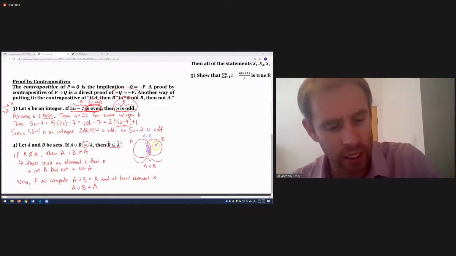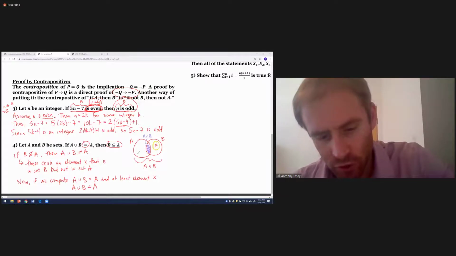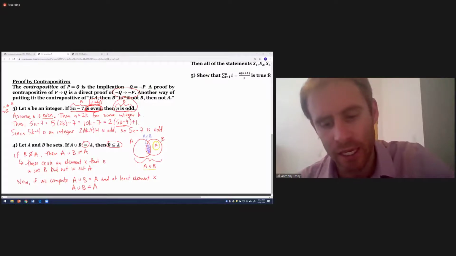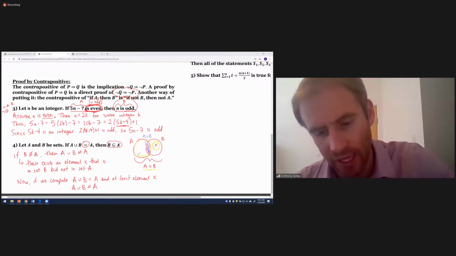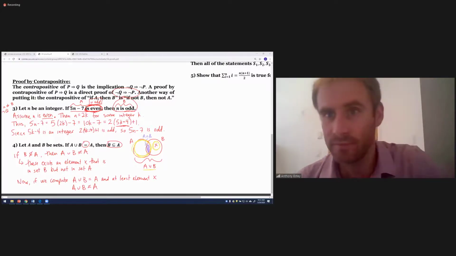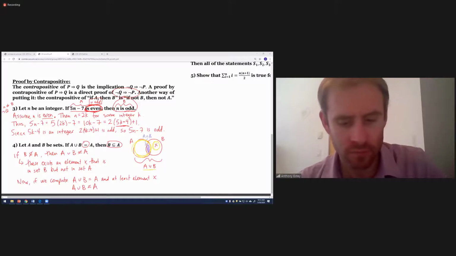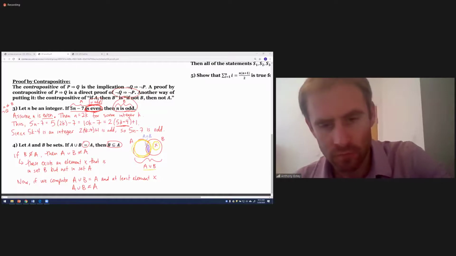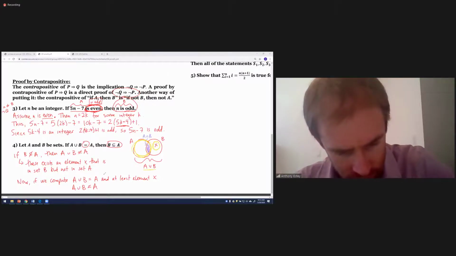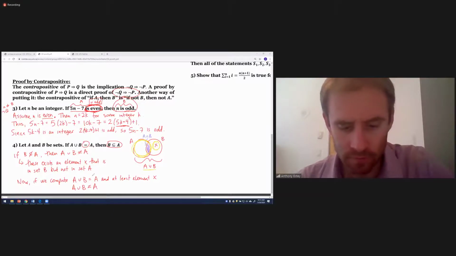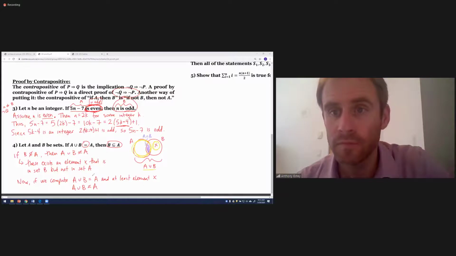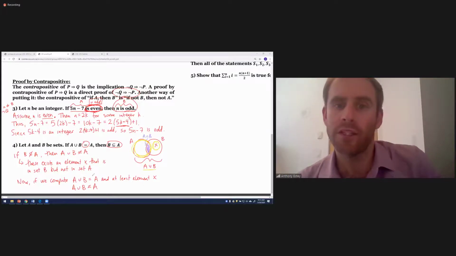So as long as there's at least one thing in B, this is not going to be just A. I think I kind of screwed this up a bit. Any questions about this?